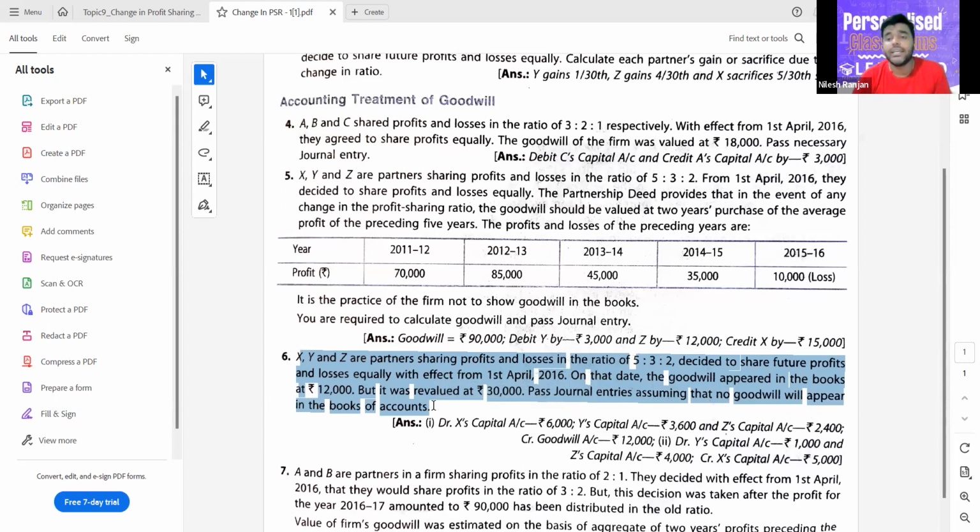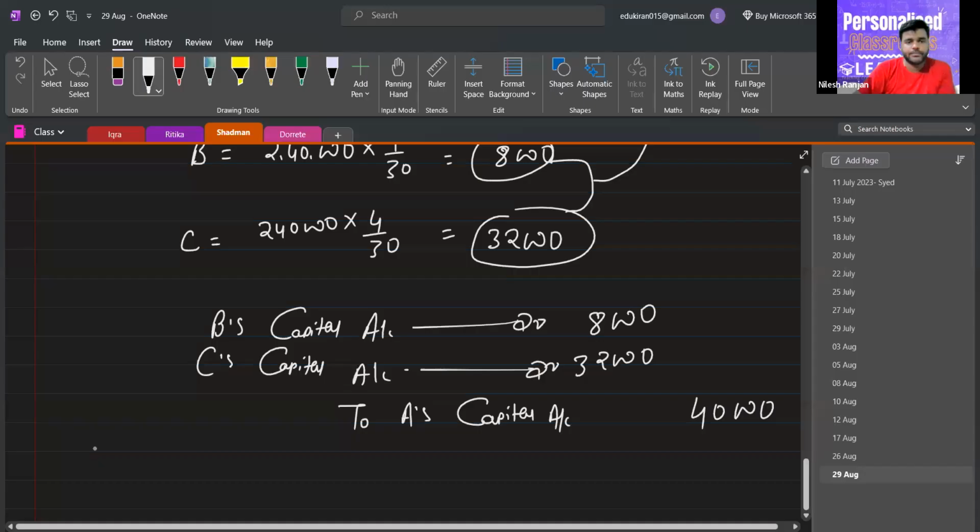Now you can see in this question, there is two types of goodwill given. The first one is 12,000, existing goodwill, and the second is valued goodwill, 30,000. So I told you about existing goodwill. What we have to do?